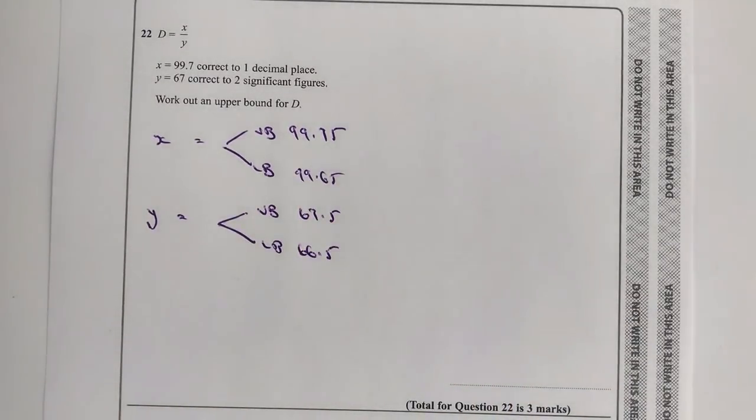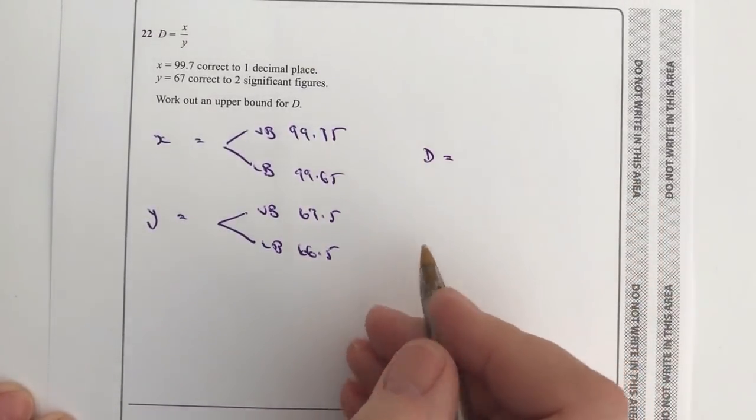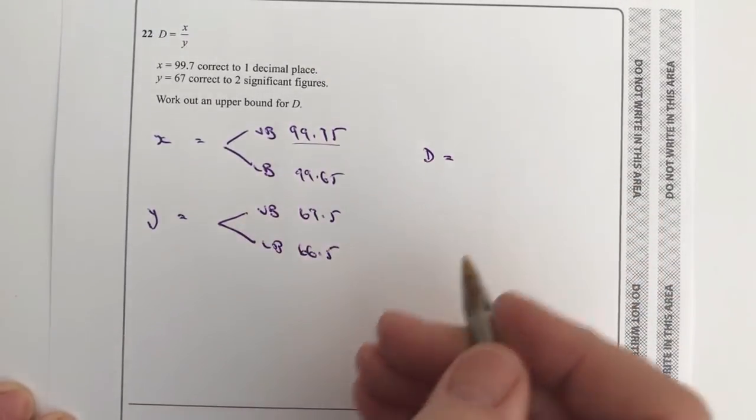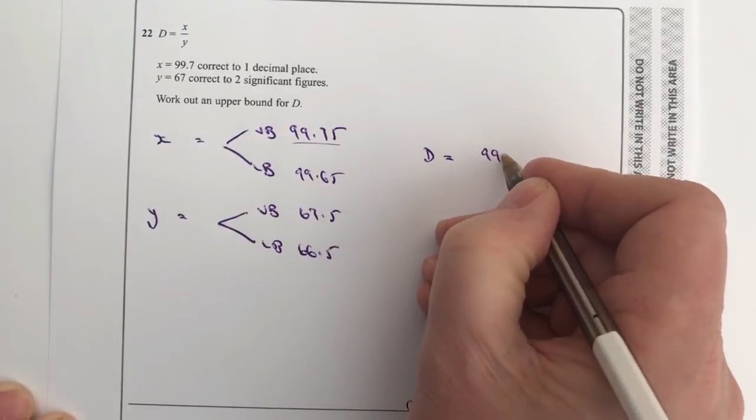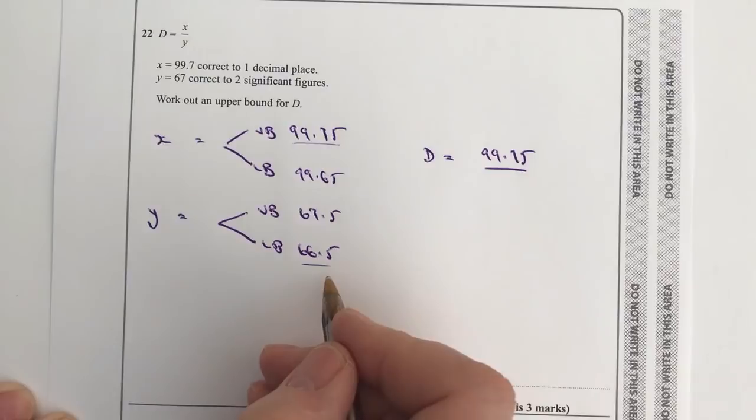So therefore, if I want to work out the upper bound for D, and this is where you've got to be a little bit careful, the upper bound is going to be D equals the largest amount of x, which is 99.75, divided by the smallest amount of y.